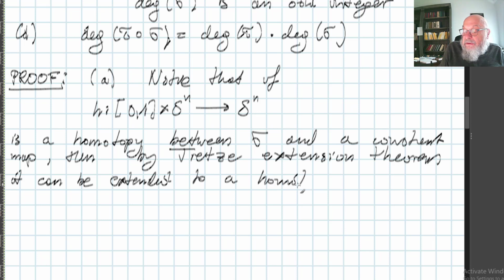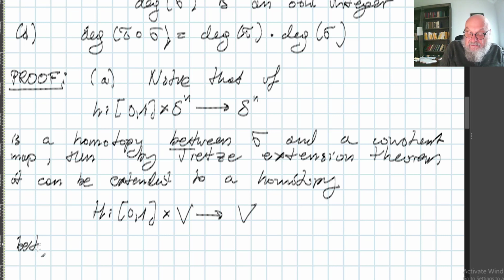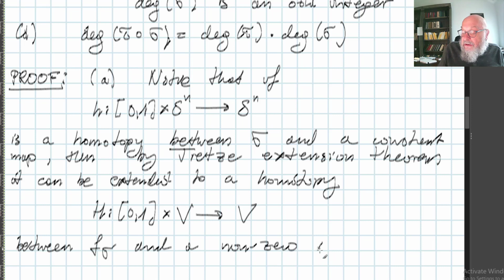And this will be written like this, homotopy capital H, and this will be 0, 1 times V to V between, let's say, f sigma and a non-zero constant map.